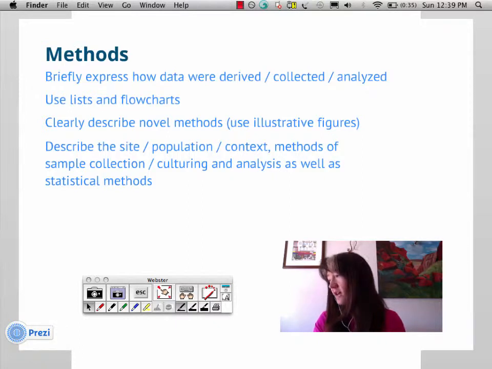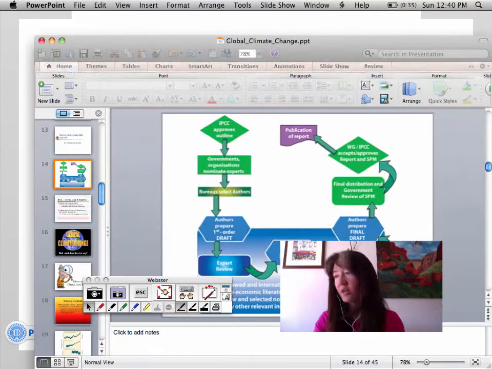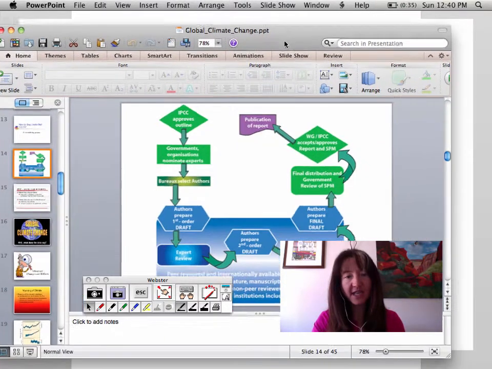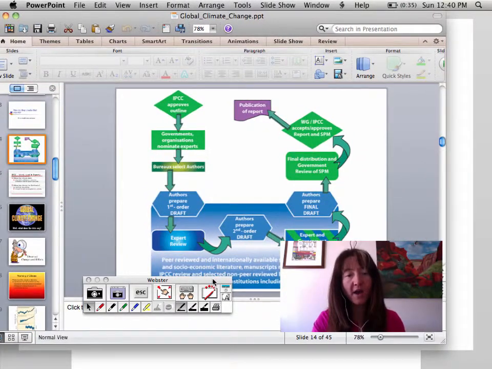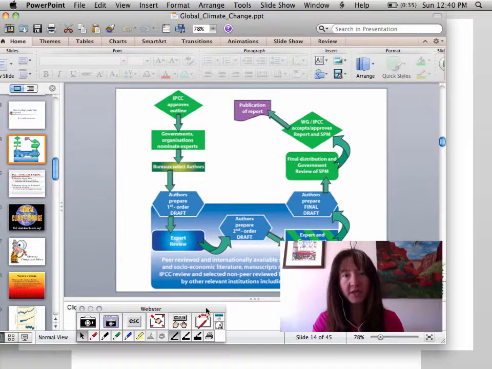This is not a presentation that would be exactly what you all would be doing, because it's actually a flowchart showing how authors are chosen in reporting on climate change literature, but I like the use of a flowchart. So this is what the steps that would have to happen in order to see the publication of a report. And so you see how they use this kind of a flowchart.